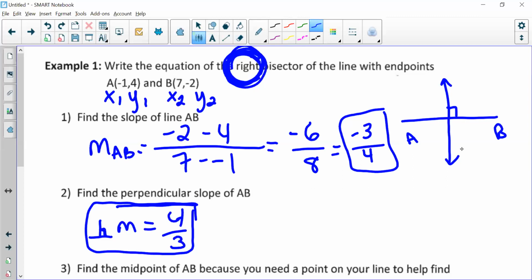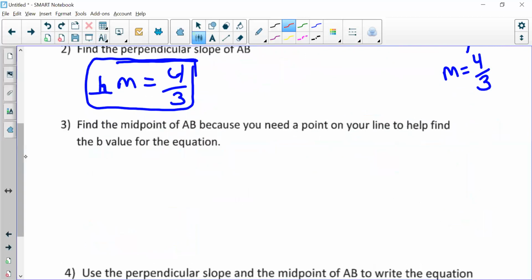Okay, now the only thing I know about this line right now, my right bisector, is the slope is 4/3. However, right bisector, what am I going to find next? What will bisect this line? What am I looking for? The midpoint. Yes, I need the midpoint. So midpoint of AB.